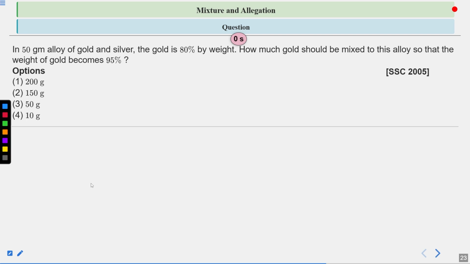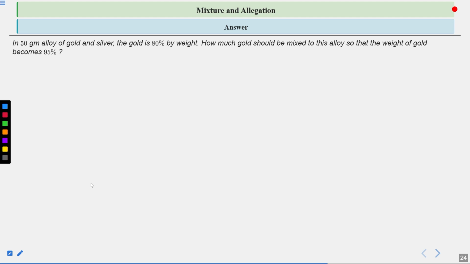Time's up. Let's see the solution of this question. The question says that in a 50 gram alloy of gold and silver, gold is 80%. We can calculate 80% of 50 gram, which is 40 gram. So 40 gram is gold and the remaining 10 gram is silver. Now the question asks how much gold should be mixed so that the gold becomes 95%.